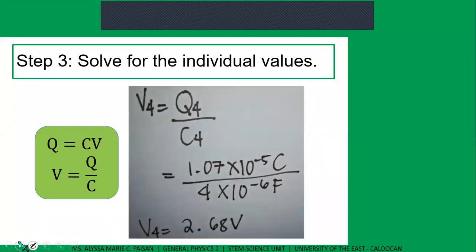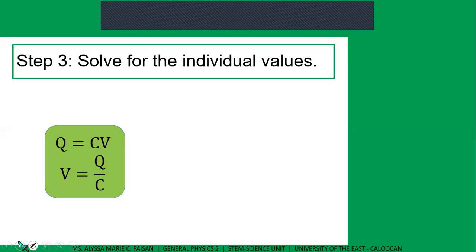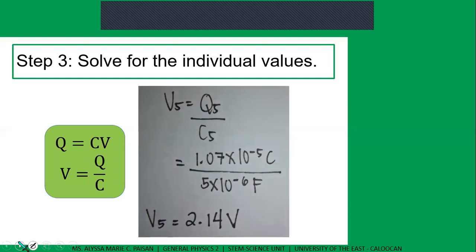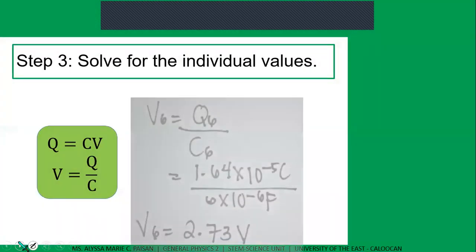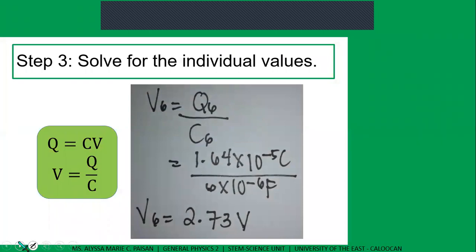And then we have V4, that's Q4 over C4, substitute and we get 2.68 volts. And then for V5, that's Q5 over C5, we substitute and we get 2.14 volts. And lastly, for the V6, that's Q6 over C6, we substitute and we get 2.73 volts.